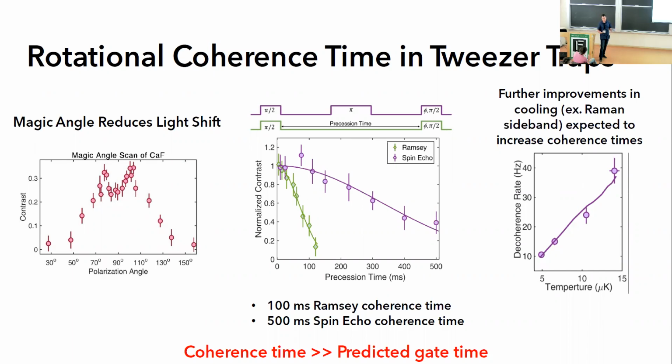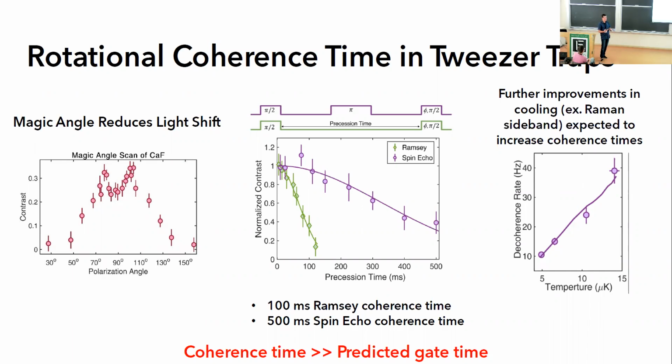But maybe even more promising is that if you look at what is limiting this coherence time, you'll see that the coherence time is directly linearly proportional to your temperature. This has to do with the fact that as the molecules are hotter in your trap, they explore more of the trap volume and different intensities of light, which all have different tensor Stark shifts, and this causes the decoherence.